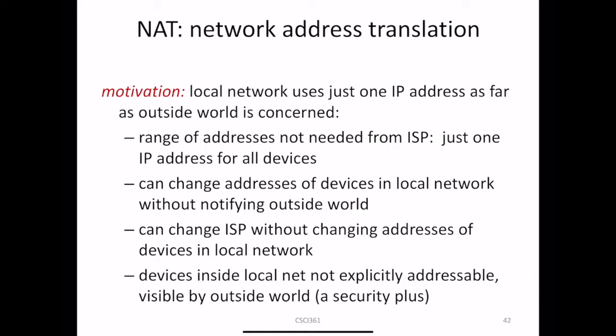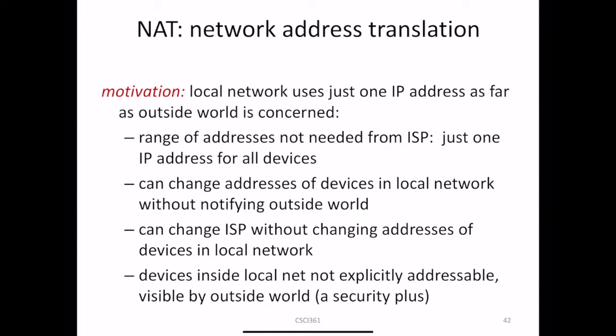And then we may ask why we need a network address translation function. The motivation is that the local network uses just one IP address as far as the outside world is concerned.